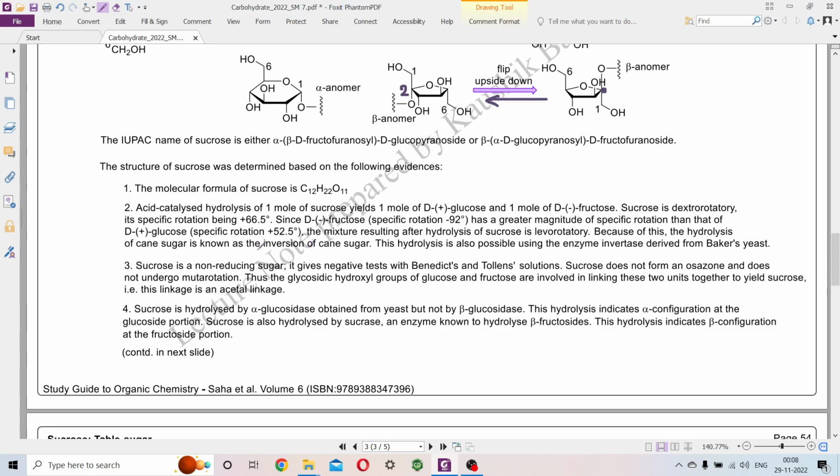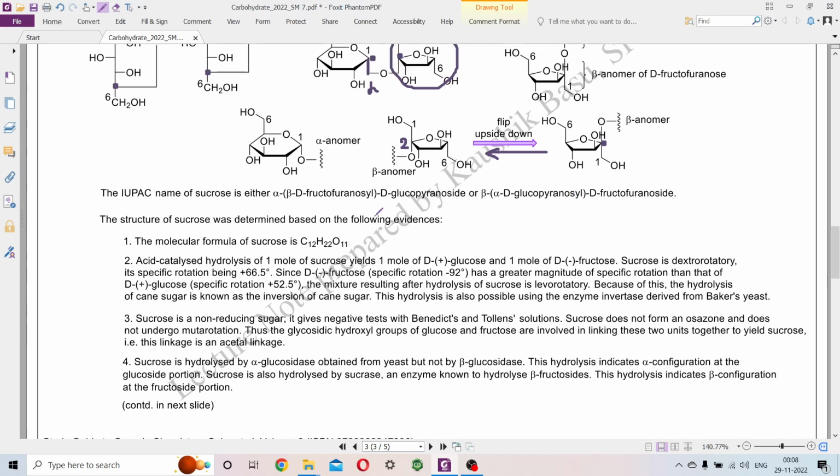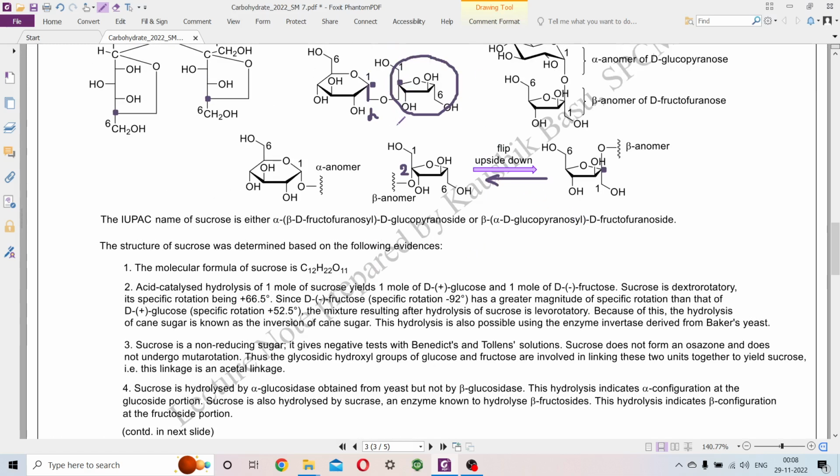Because sucrose is derived from cane sugar, it is expected to be dextrorotatory, but if I hydrolyze it in dilute HCl medium, the hydrolysis will obviously have to be catalyzed by dilute acid because this is an acetal. Acetals do not cleave under basic medium; you have to use dilute acid.